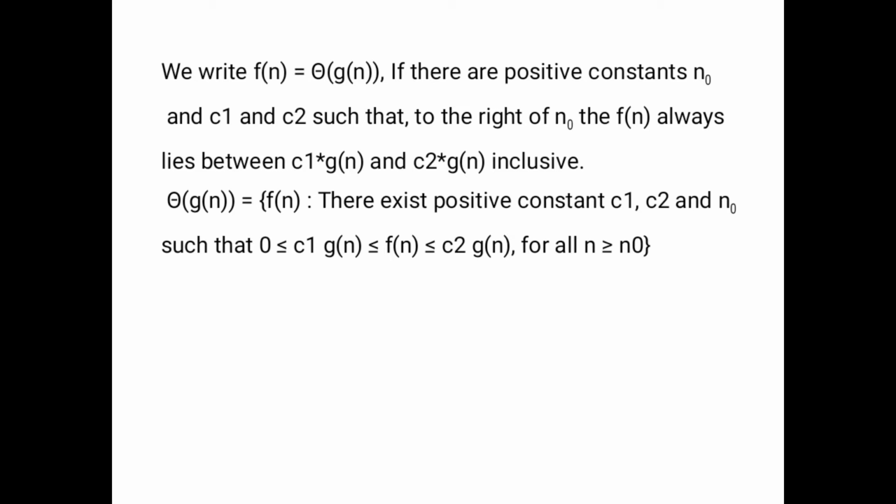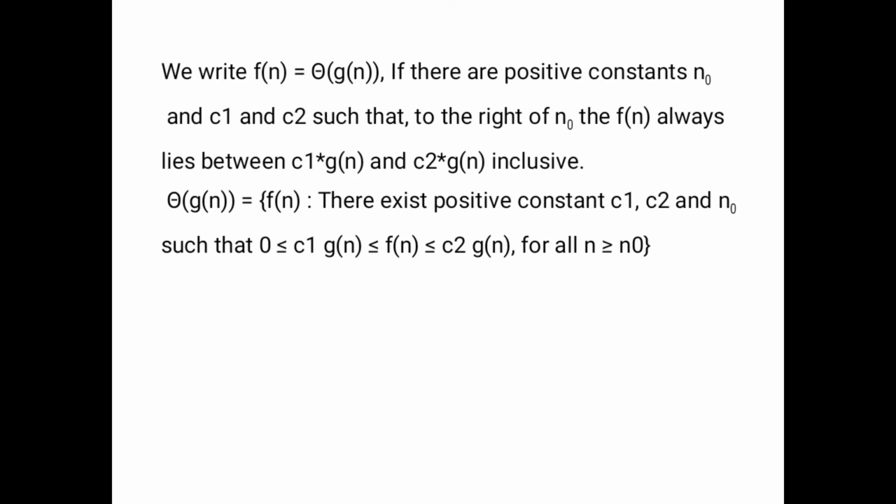Then what are the positive constants? That means n0, c1 and c2. So these are the positive constants used in big theta notation. Okay, so n0 is the right format of big theta notation. That means the function f of n always lies between c1 g of n and c2 g of n.